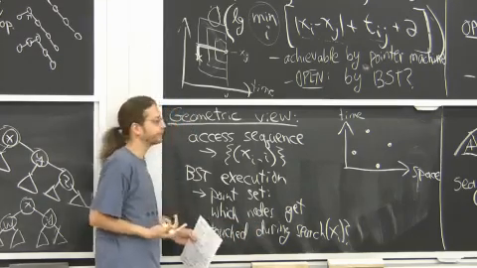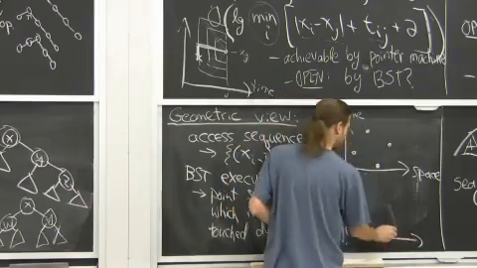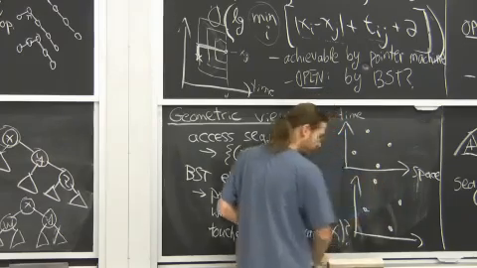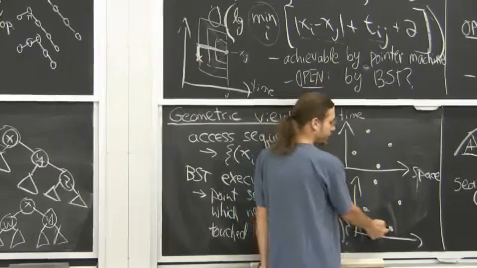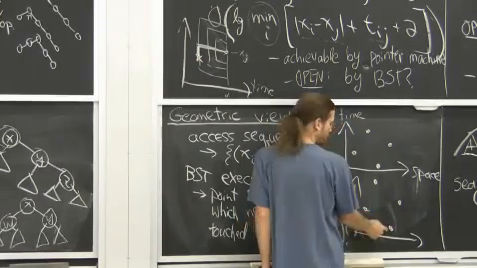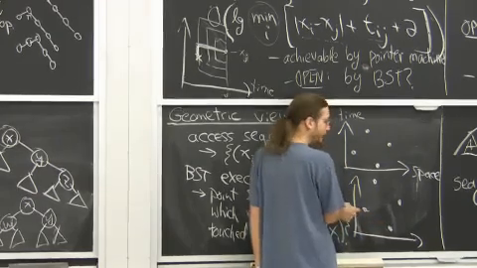Just look at all of them. So, for example, in this picture, get a color. Suppose maybe we're lucky and key 3 is at the root. So that's the only thing I touch. If that's the case, when I access 1, it's definitely not the root.